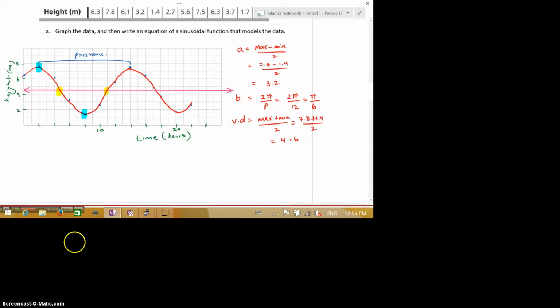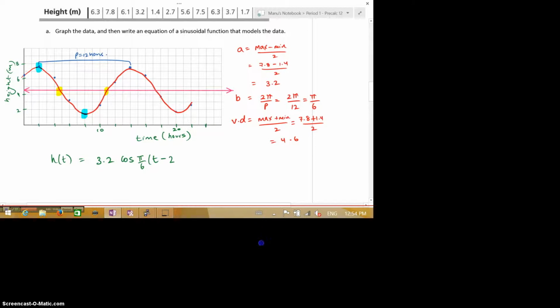Again, height of tide as a function of time equals, as a positive cosine, 3.2 cosine of pi over 6 brackets t minus... What's the phase shift for positive cosine? 2 hours.